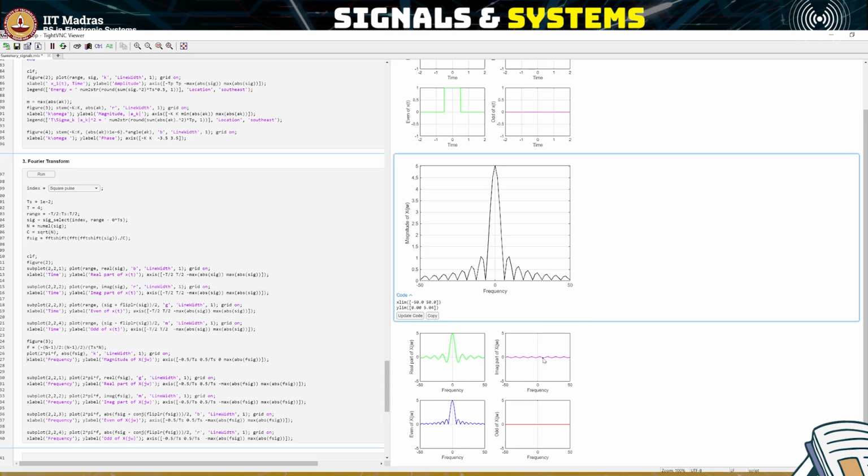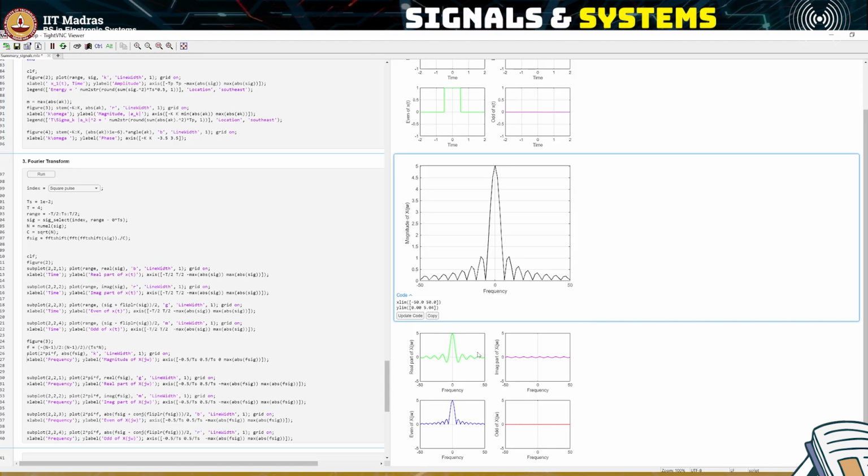It's basically 0. So this confirms our study of the properties where we saw that the real part will give a conjugate symmetric part. When it is real and even, it is obviously conjugate symmetric. So the Fourier transform should have the real part, which is exactly equal to the sinc function. And we saw the sinc function equation, and from that we are seeing even the zero crossings are exactly matching with what we have.